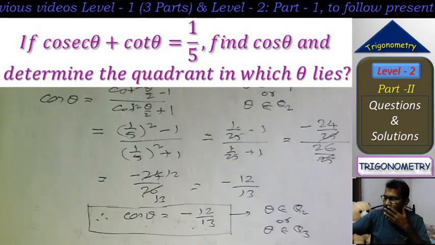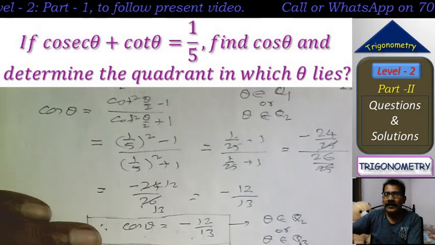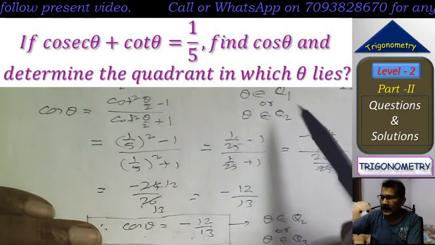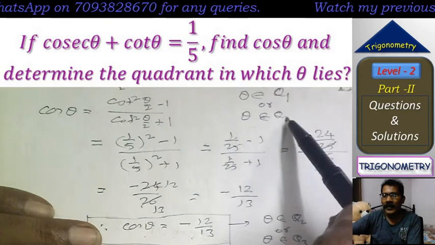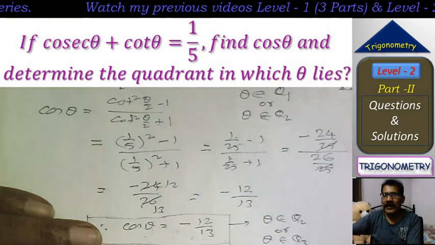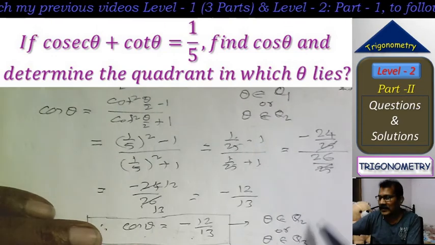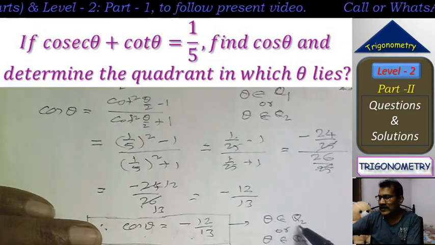But here previously we got some result about theta. If you check, theta belongs to quadrant 1 or quadrant 2, and here theta belongs to quadrant 2 or quadrant 3. From this, what is the common location you got? In this we have theta belongs to quadrant 2, here also theta belongs to quadrant 2.